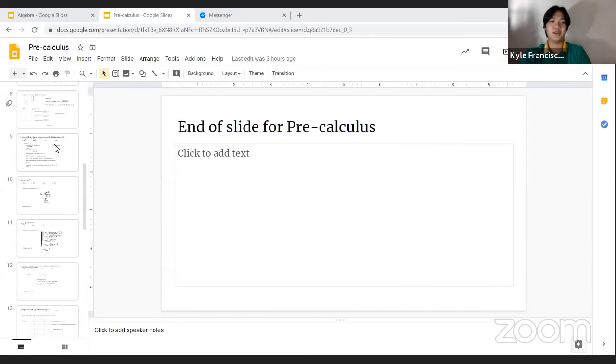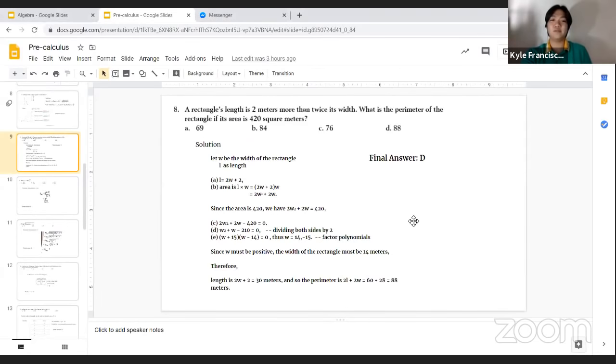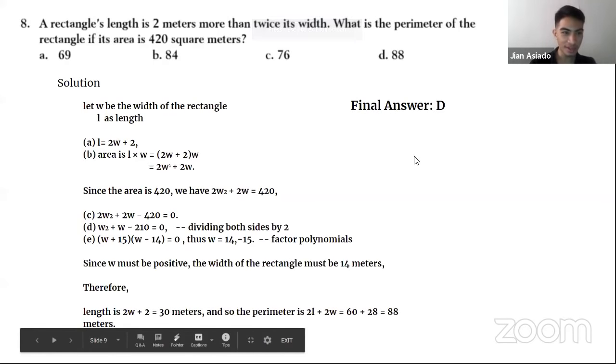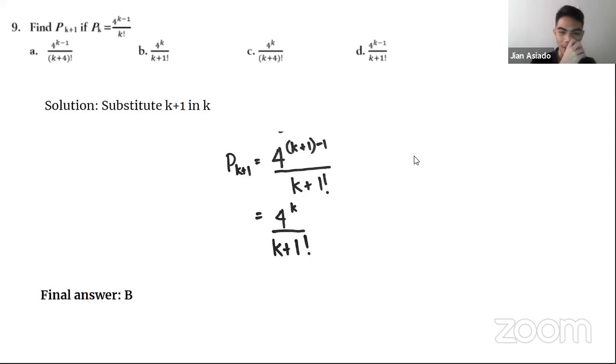Okay, number 9. Okay, dito. Pasensya na, medyo wordy ito. Ay, sorry, number 9 pala. Okay, ito.